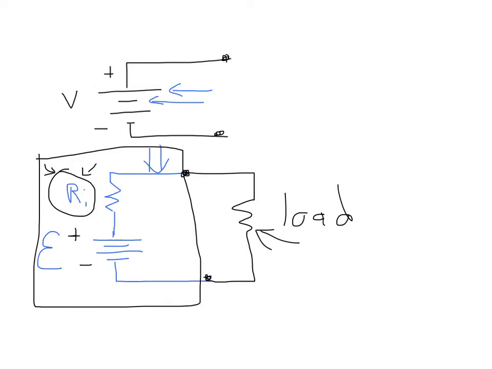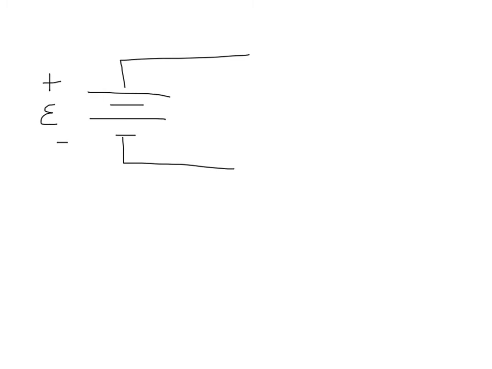So create a new slide. I'm going to draw the same circuit I just had in the last slide. It'll be the ideal battery, which I'll denote by that script E. And let's just say for simplicity that's a 10-volt ideal battery.